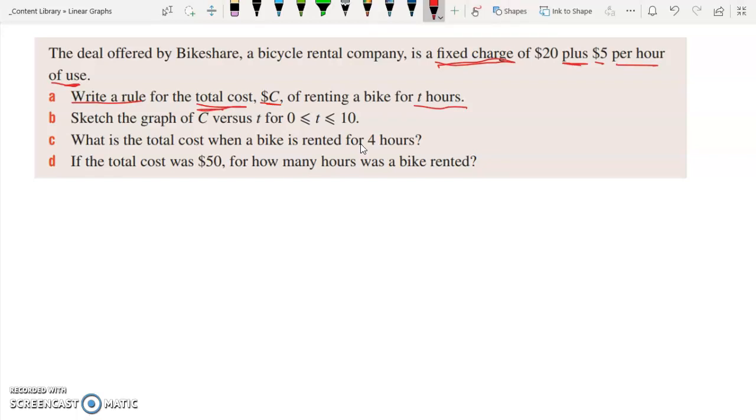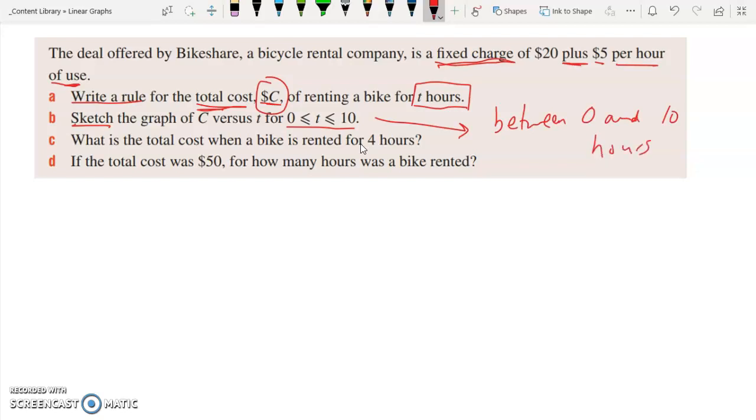Then we're going to be sketching a graph of C, our cost, versus T, number of hours, for 0 less than or equal to T less than or equal to 10. So this is for between 0 and 10 hours.